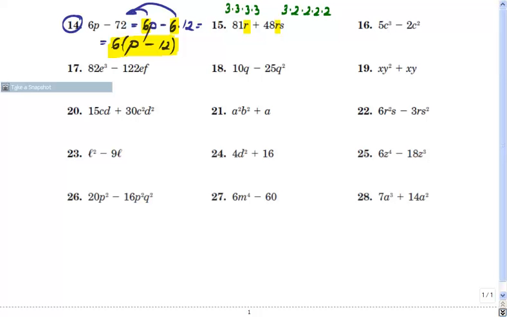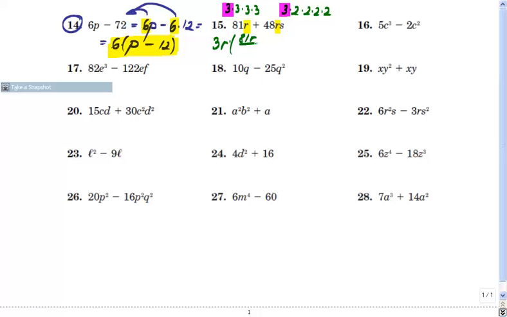Looking here, I see only one common factor, which is 3. So the common factor of the two monomials, 81r and 48rs, is going to be 3r, right? So that 3r can be taken outside the parentheses, and inside you will have what?